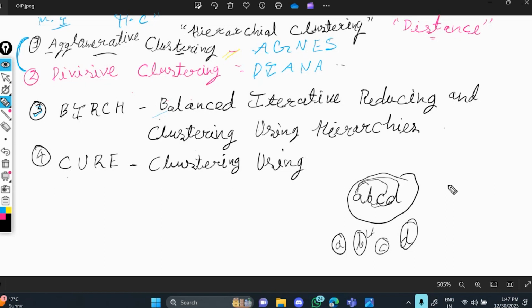So in the first step we separate D. Then we have A, B, C in a record and D is separated now. Again, we check the distance. Now assume A to C is farthest, because we don't have any values here.